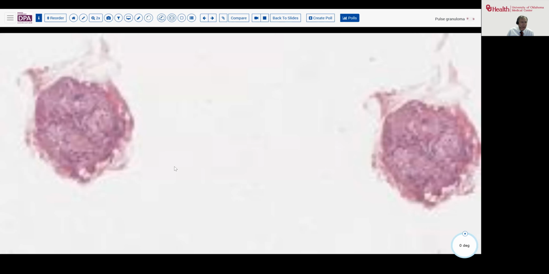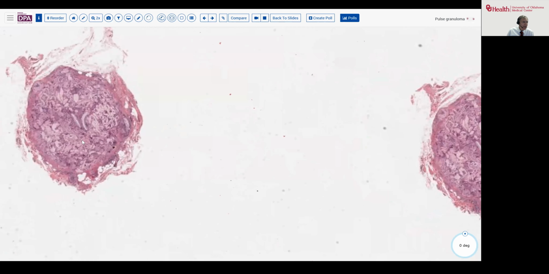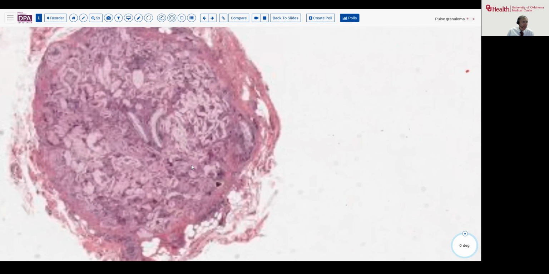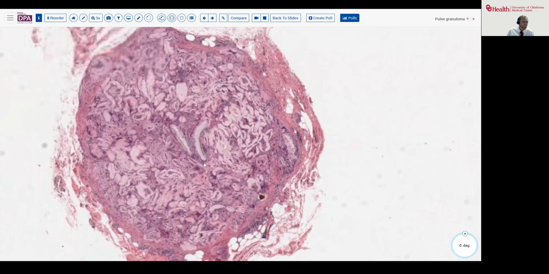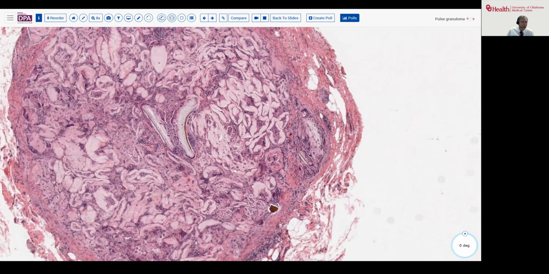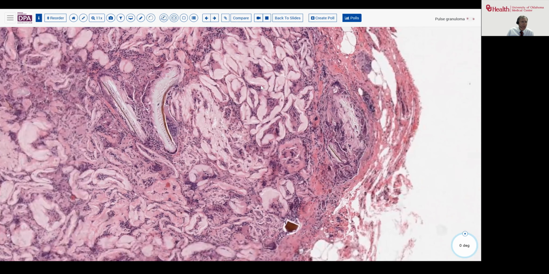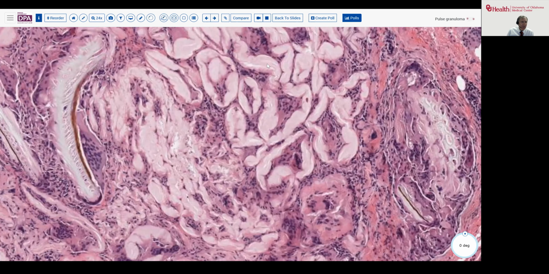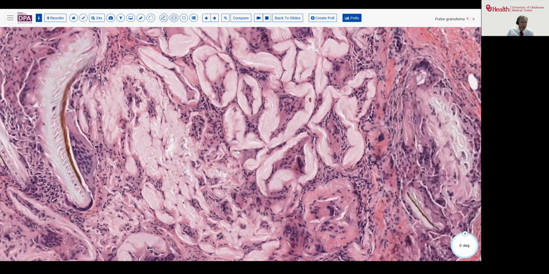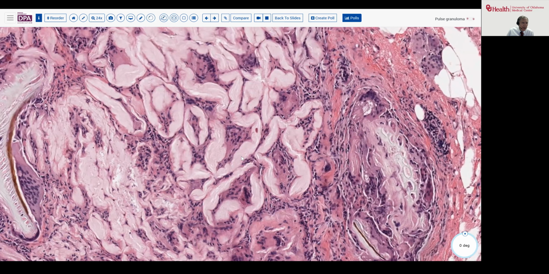So here's an example of a pulse granuloma in a soft tissue location. And you can see at low power how this might have some resemblance. We see these eosinophilic amorphous areas with intervening areas of foreign body reaction, fairly florid. But you'll notice that the lamellated nature of the eosinophilic areas and its undulating pattern is different.